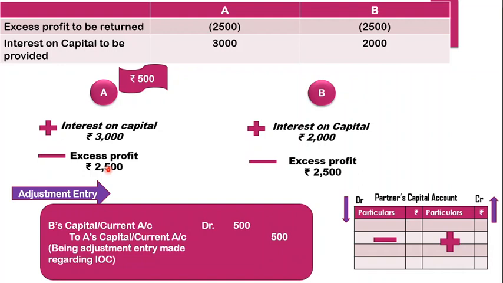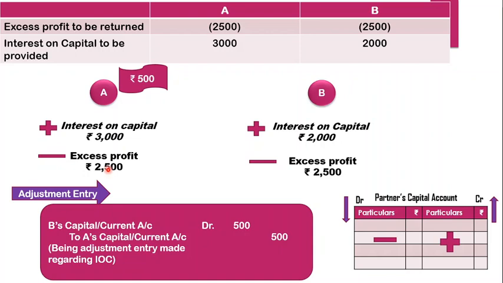So finally my adjustment entry is B's capital account debit to A's capital account. I have written current account also here. This is because if it's a fixed capital method, then we'll be writing B's current account debit to A's current account. I hope it's clear.